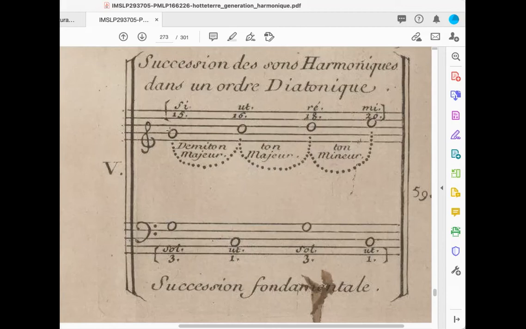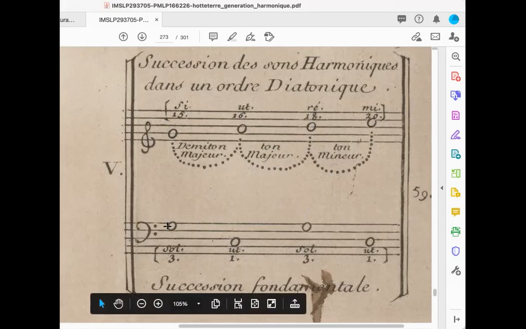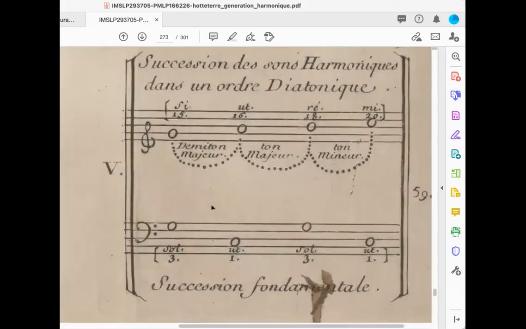We cannot go further than this, right? You can't go down to F because we don't have an F yet. And you can't go up to F because we don't have an F yet. F doesn't occur as a fundamental emanation of either of these tones. So this is sort of the limit of scale. And as Rameau points out, this was the way the Greeks thought about scale segments as well.